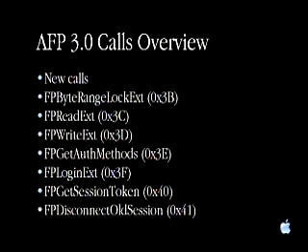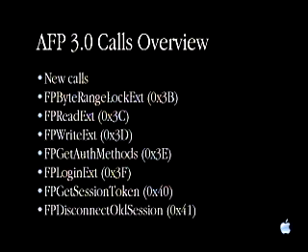And this is the list of the calls that we've added. We've got the first 3 there, the byte range lock, read, and write, are all things added to handle the larger file sizes, since we've got signed offsets and things like that in there. So we had to create some new calls for that.